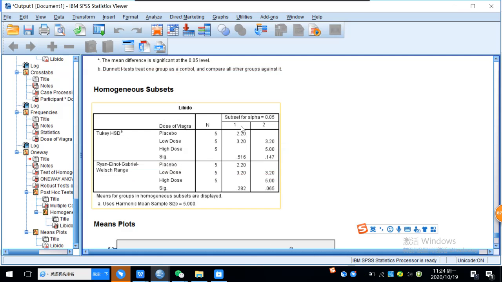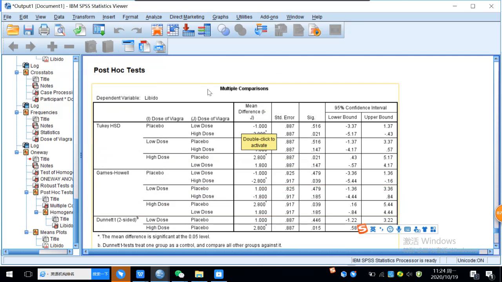Okay. Here shows the result. Yes, and I saw that all of you have completed it. That's good. But the more important thing is you need to analyze it, right? So from here, this is the groups they compared. When we compare placebo and the low dose, the mean difference is -1, and the significance is 0.516, which is more than 0.05.